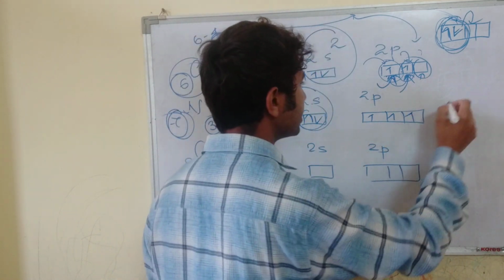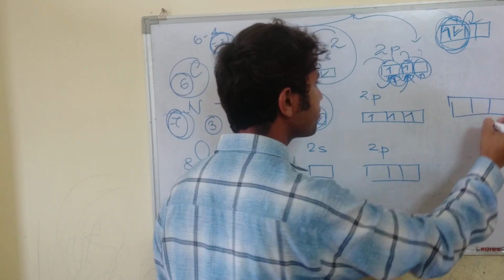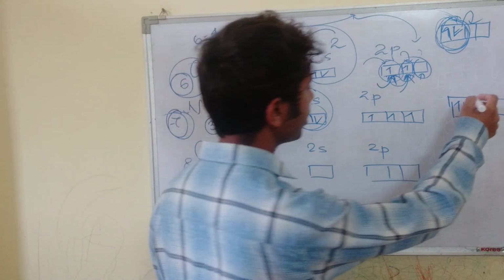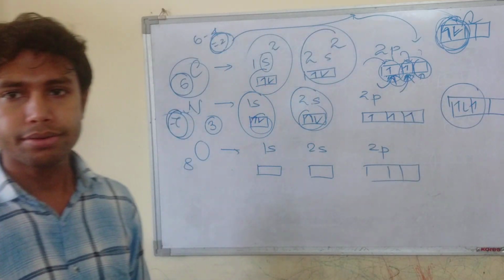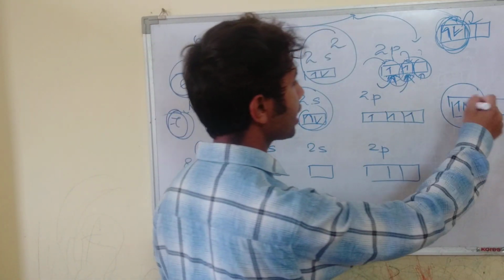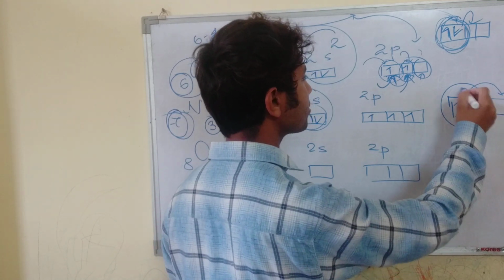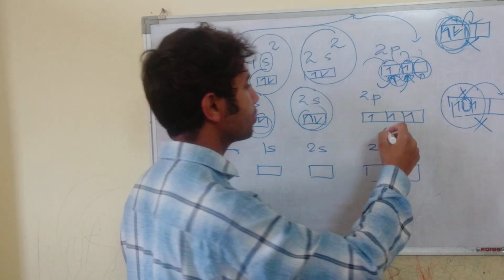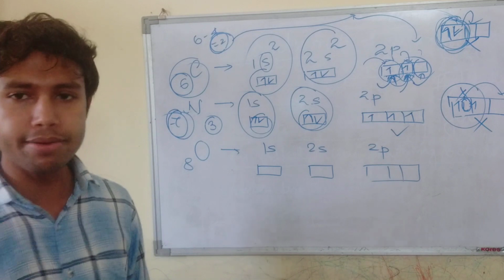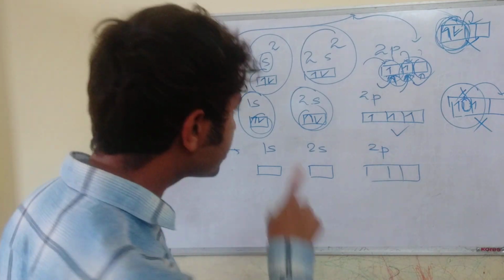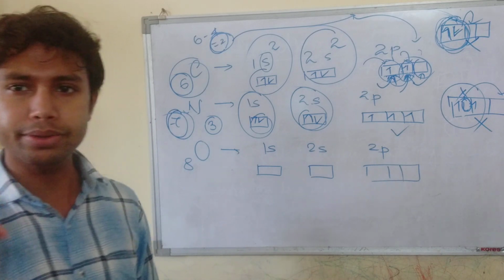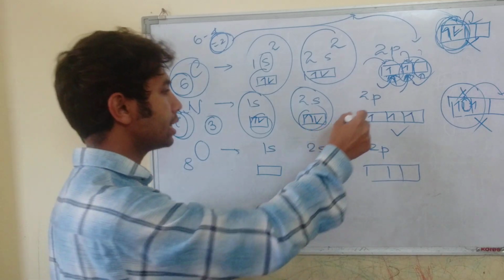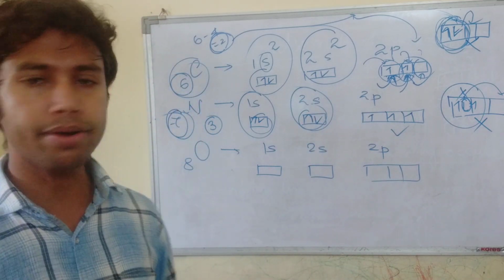This is correct, whereas if we put them like this, Hund's rule is not obeyed, because each orbital must get 1 electron each. We cannot put them like this. We have to give 1 electron to each of the orbitals first, then we may come again to pair up the electrons if we have more electrons.